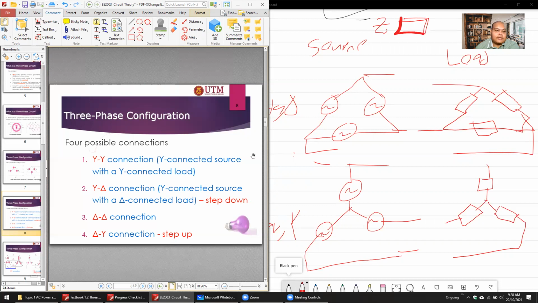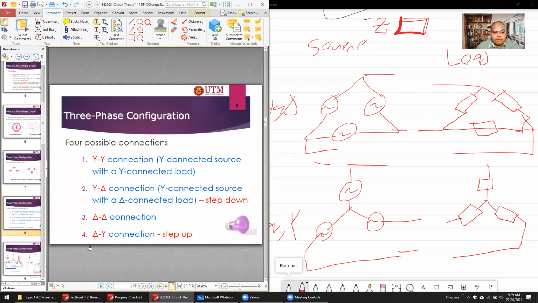This one is the delta. Delta-delta means that the source and the load both have delta connection. And the last one is delta-star, meaning the first one, the source, is delta, and the second one, the load, is star connection. Usually for step down we use delta-star, and for step up we use star-delta.